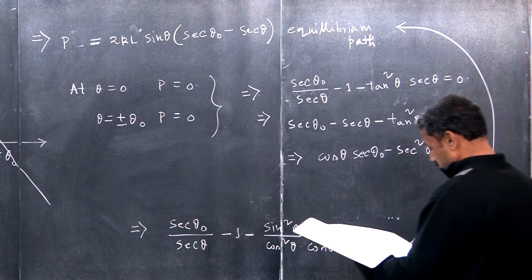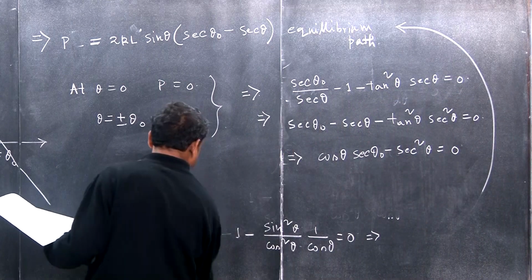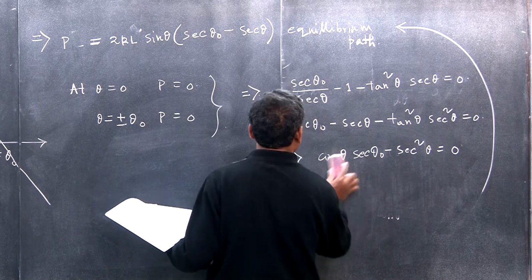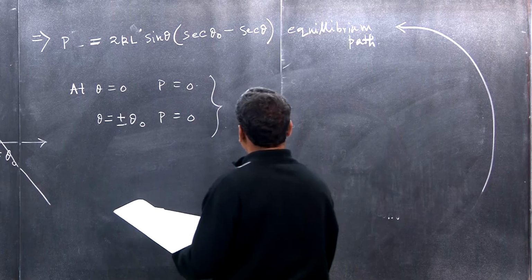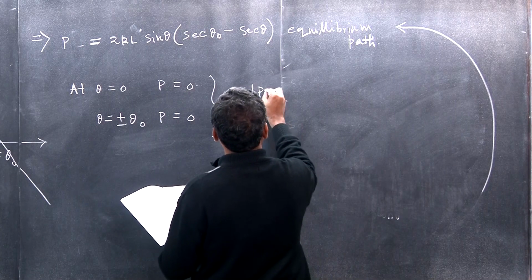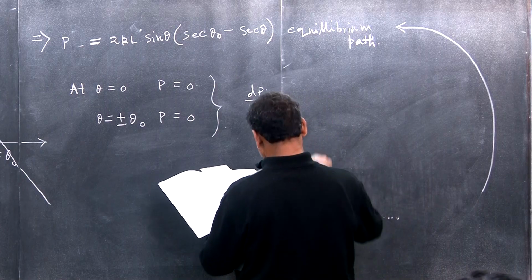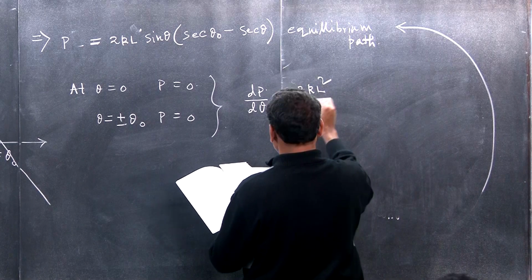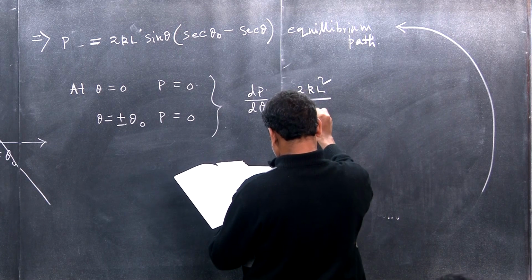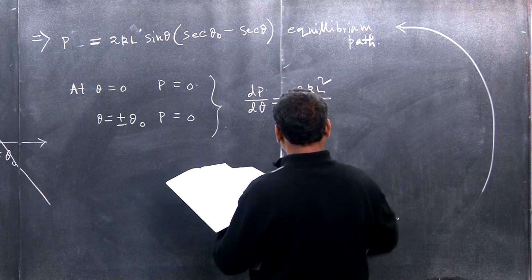The final expression will come, dp d theta will come as 2kl square by cos 2kl square.